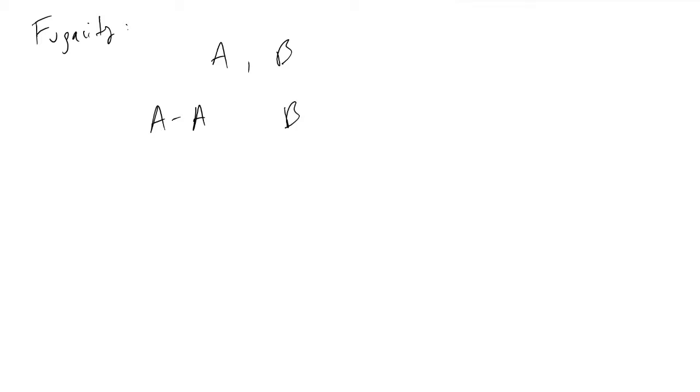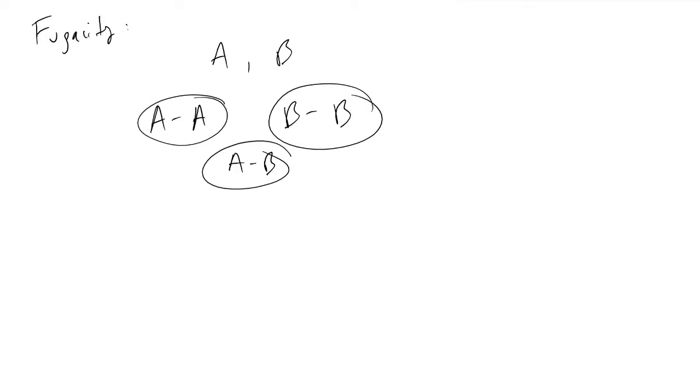The same can be said of molecules B, so between two molecules of B. And then there are A-B interactions. So we've got three separate kinds of interactions occurring inside our mixture, in this case a binary mixture.